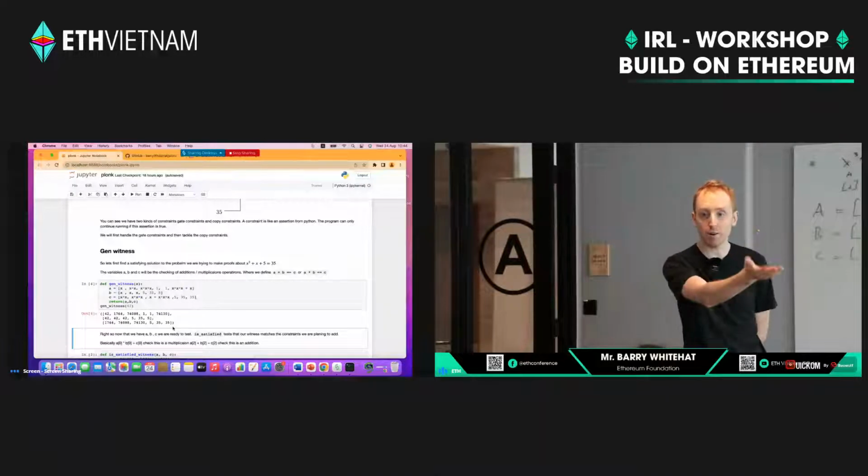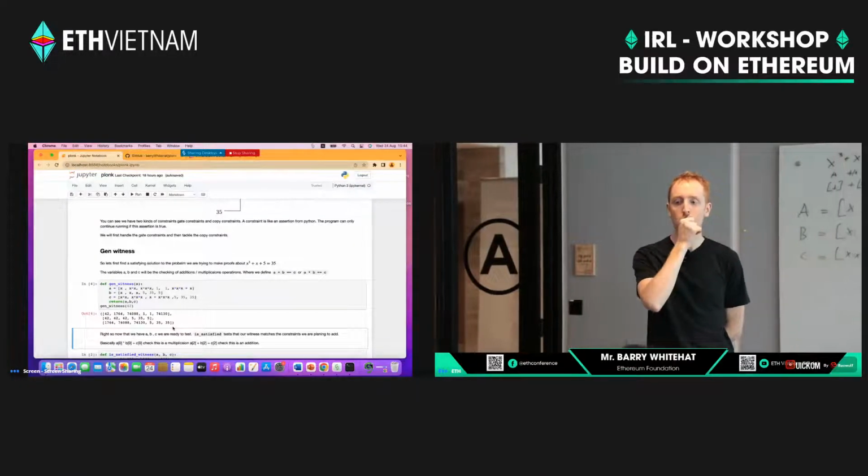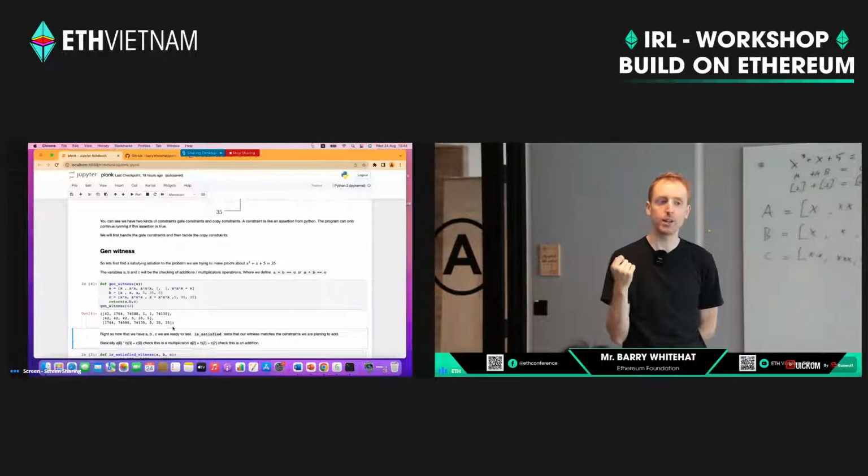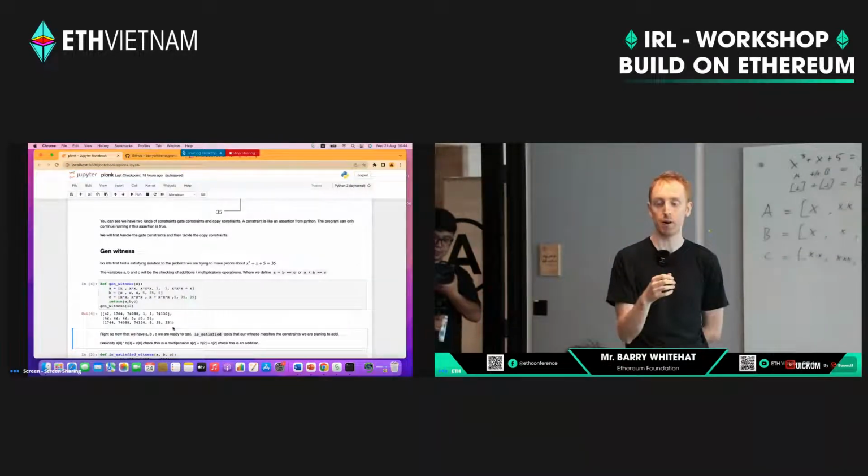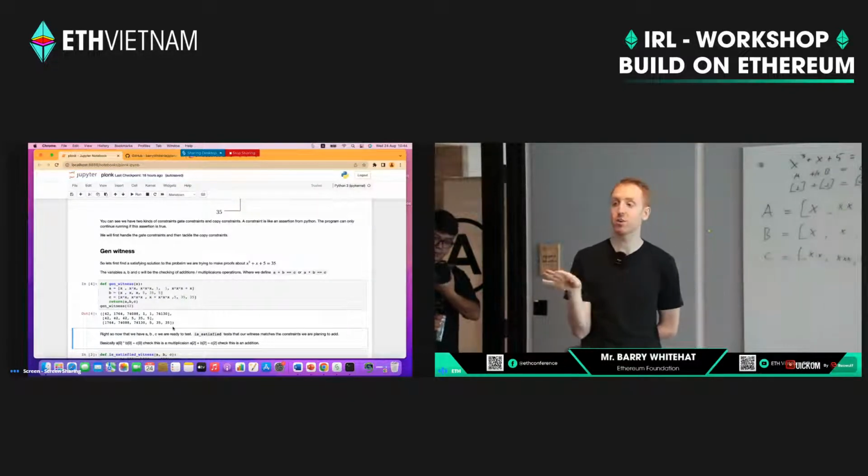The conversation a moment ago was about, what if we mess up and we don't give all of the details in our proof? Could someone hack us? And the answer is yes. If our proof is not sound, then it's possible for people to make fake proofs. Okay, any other questions?